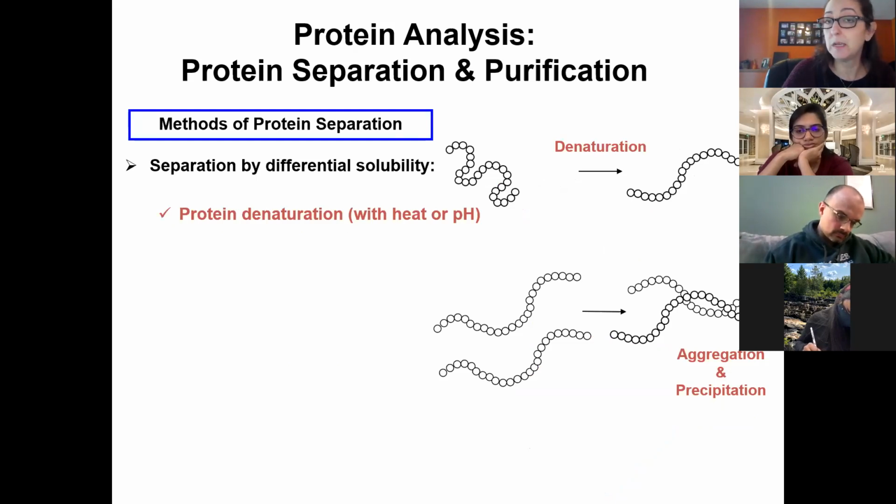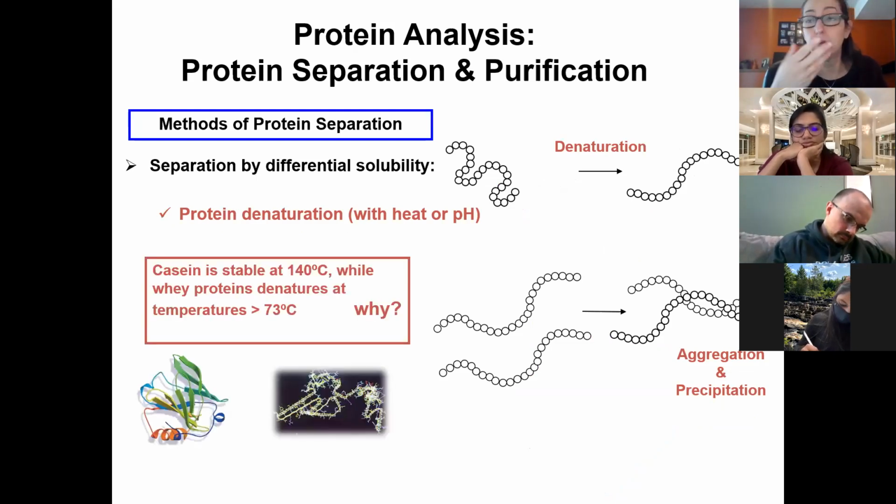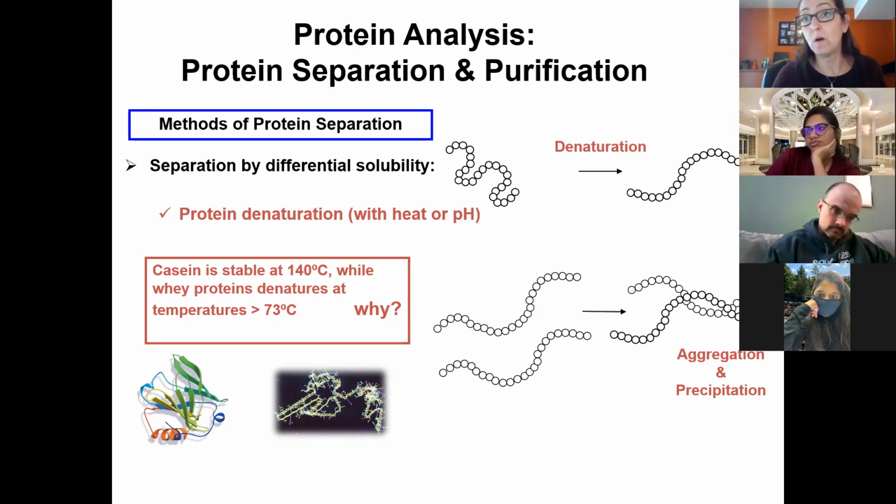Another way of precipitating the protein is denaturing it, which is the least favorite way if you want to produce a functional protein. But it is a way. You denature the protein. For example, you can separate whey protein from casein by heating up. The whey protein will precipitate because it denatures at higher temperature than casein. Why?